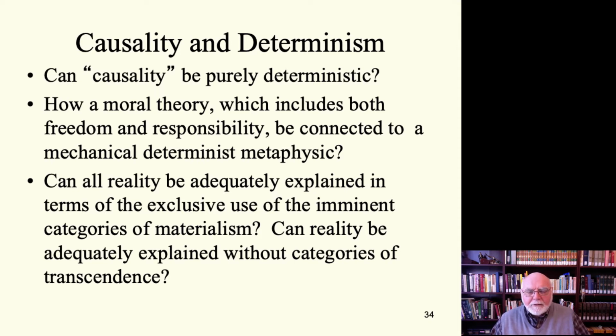And if it is true, as Hobbes argues, that everything happens in accordance with the laws of nature, then it means that causation is fundamentally deterministic. In other words, it's going to come about the way it does. That creates some interesting problems for understanding science and moral theory, of freedom and responsibility.